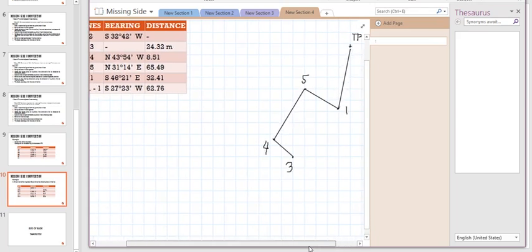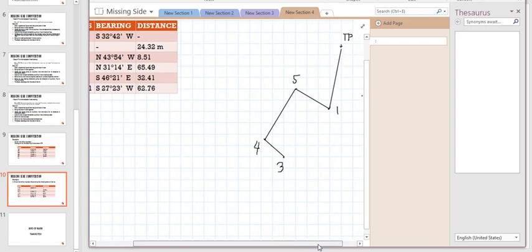Then line 1 to 2 has the given bearing of southwest 32.42. Then the other is 24.32. Point 2 can be here or there.